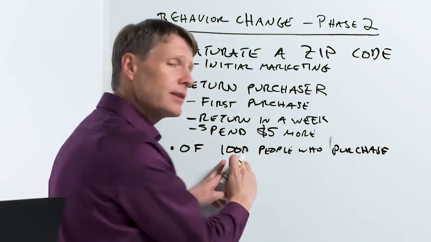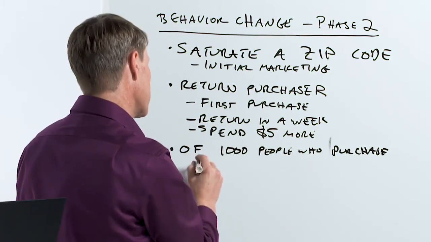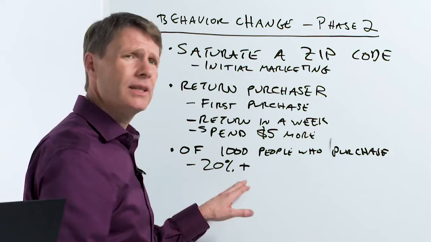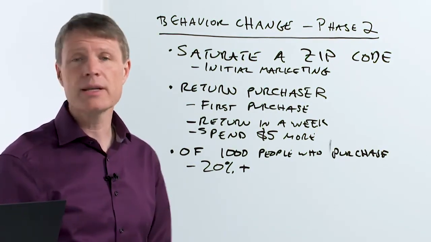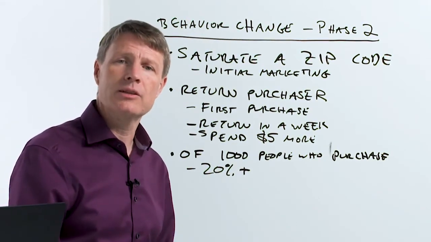So 1,000 is a significant enough number. This is a retail commercial business. They said 20% or more. So they wanted to give themselves a pretty difficult standard. Some people will come back just because it's cool. They want to show their friends. But a lot of them will come back because they have an intent to use.